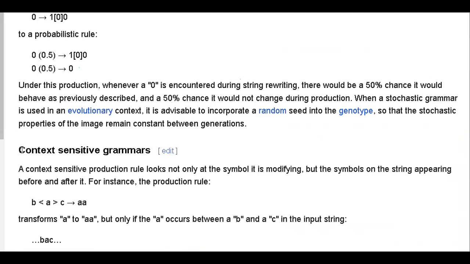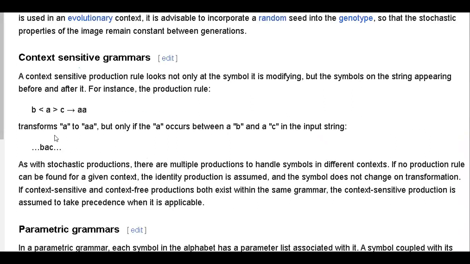The other one is context sensitive grammars. So when you read a word, let's say you encounter a. This a depends on its context.